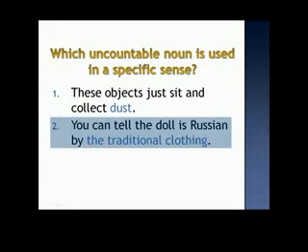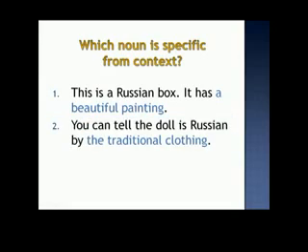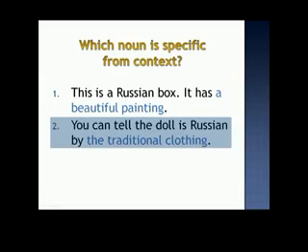Clothing in the second sentence is used in a specific sense, the traditional clothing. Which noun is specific from context? Clothing is again the answer. The traditional clothing is the clothing on the doll. We understand from context which clothing is being talked about.